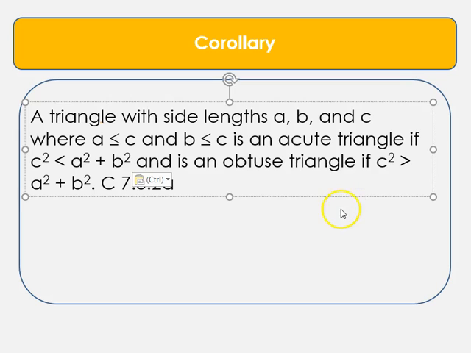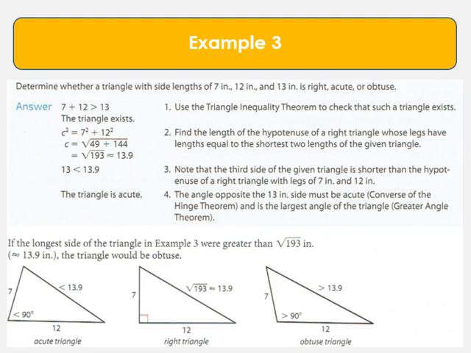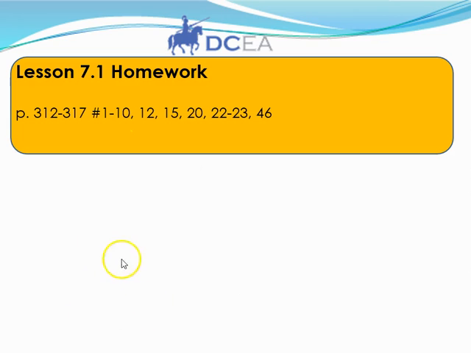And it is an obtuse triangle if C squared is greater than A squared plus B squared. All this corollary is saying is what we just covered here. It's just repeating this information. Your homework is numbers 1 through 10, 12, 15, 20, 22 through 23, and 46.